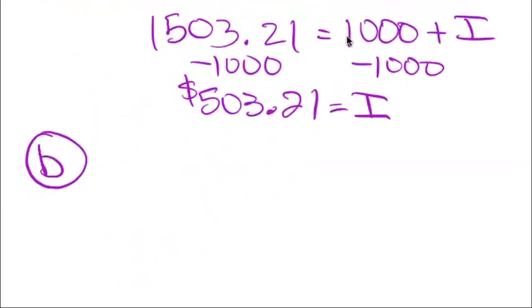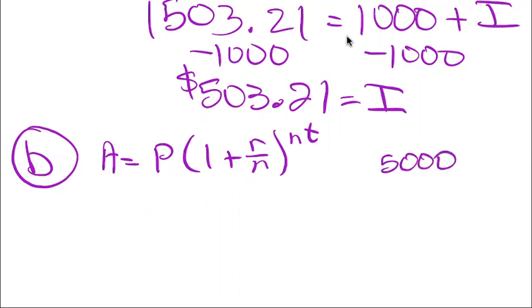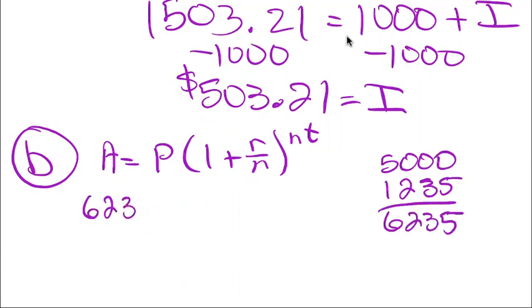A is equal to my principal times 1 plus R over N, to the power of N times T. I know my amount. Well, I don't know my amount, do I? But I know that I started with $5,000 and I made $12.35 interest. So my amount is $5,012.35.